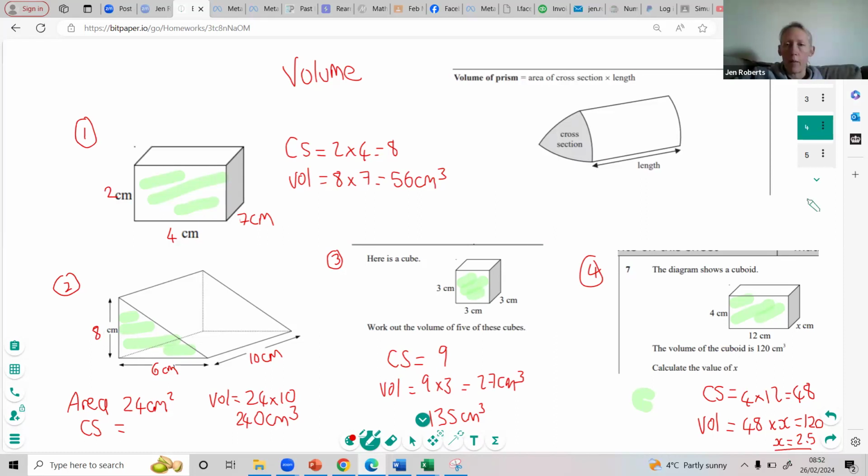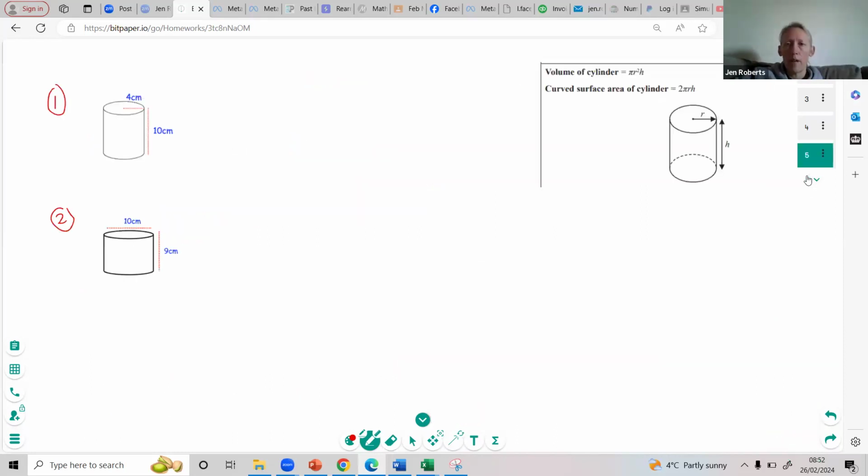Okay, now we're going to just look at some slightly higher level questions here. Finding the volume of a cylinder. And again, with this one, you're actually given this formula on the formula sheet at the front of your book. Volume of a cylinder, pi r squared h. So let's look at this first one. The radius of your circle is 4.